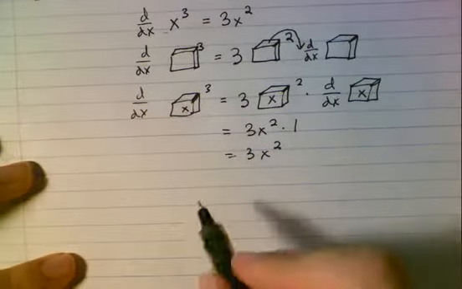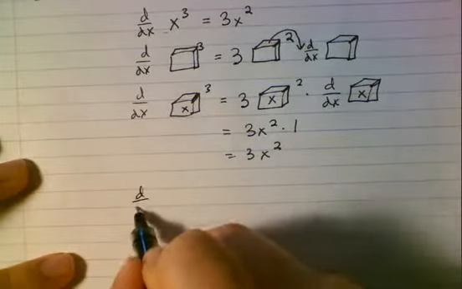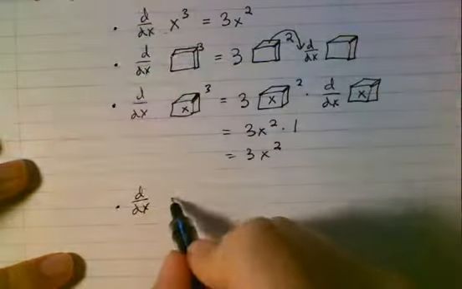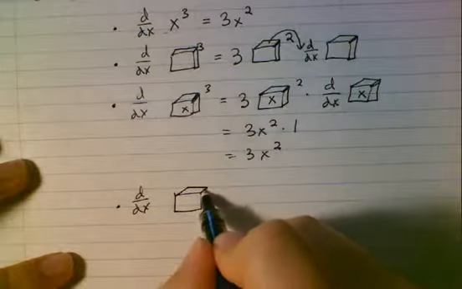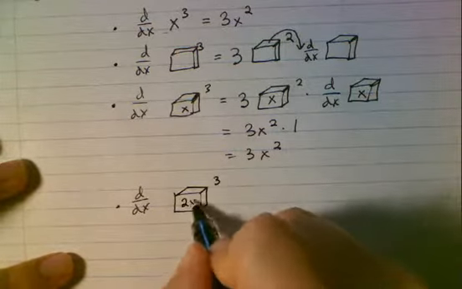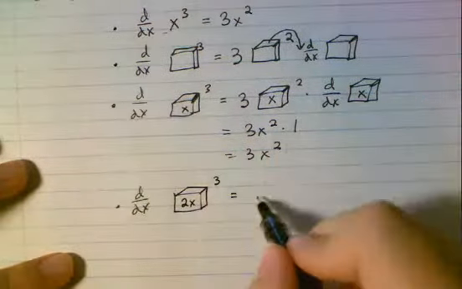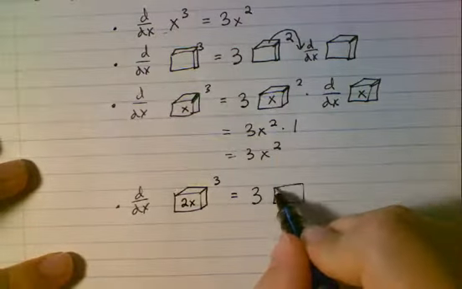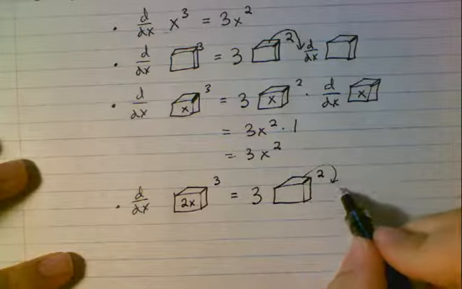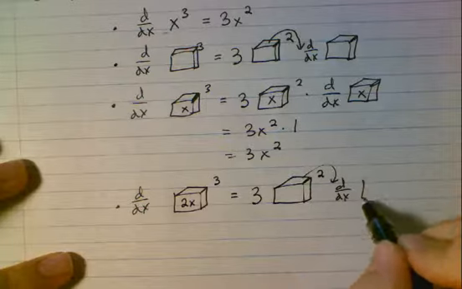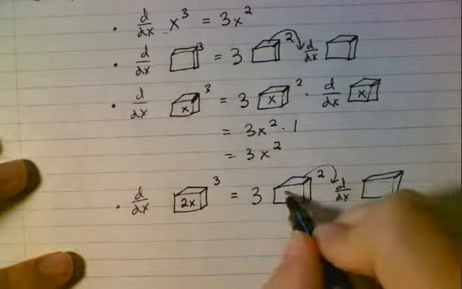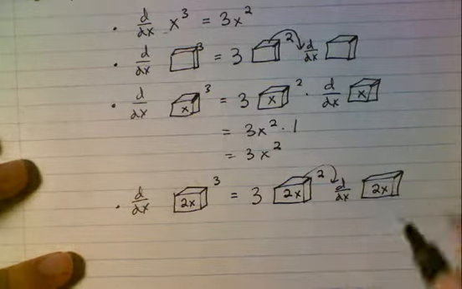So let's look at an example of that. Let's say that, instead of just having x in that box, we've got a 2x. We're still going to follow the same pattern. We're going to bring down the exponent, subtract 1 from the exponent, and then take the derivative of whatever is in that box, but now we've got a 2x here.